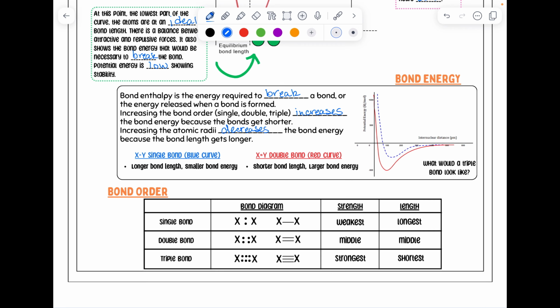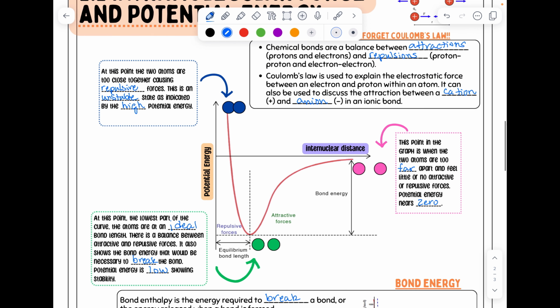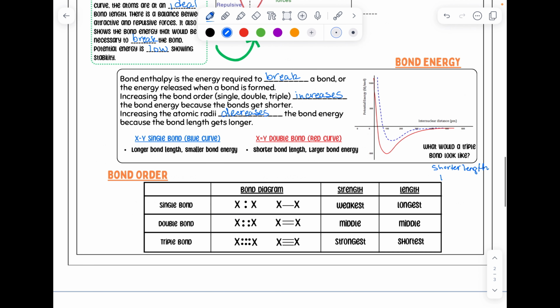So a triple bond would be shorter in length, and the dip would be the highest energy, or the most negative bond energy here.